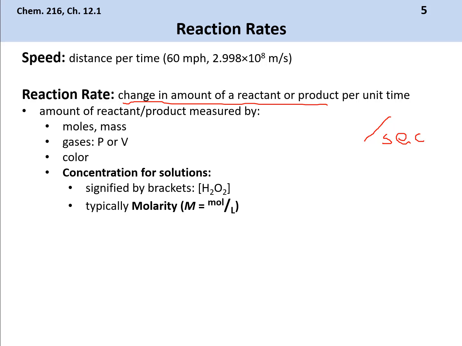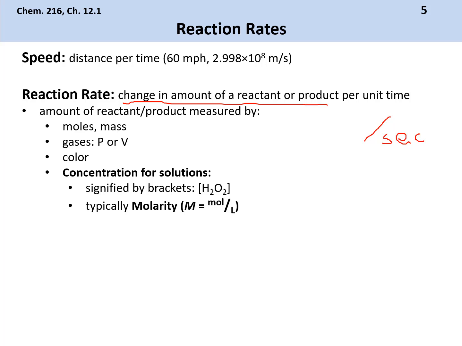Okay, so we can figure out this change in amount of a reactant or product in a number of different ways. One way is we could talk about moles or mass. If it was gas, we could talk about pressure or volume. Sometimes if it's a colored solution and the color goes away, I could use color to tell me about how much there is.